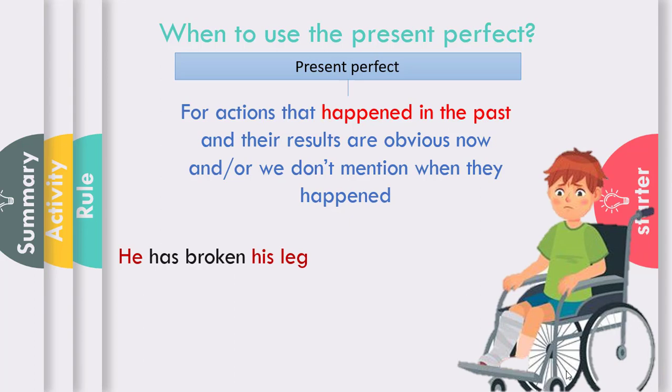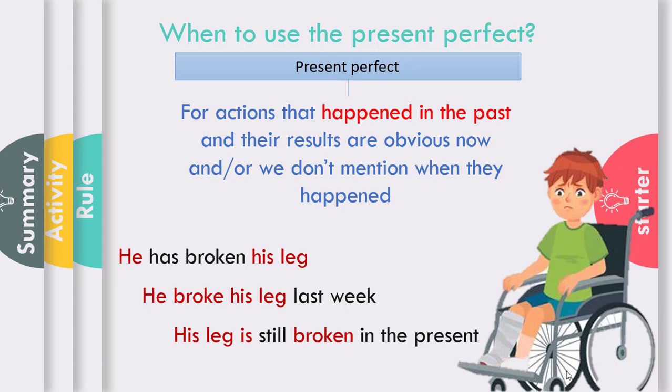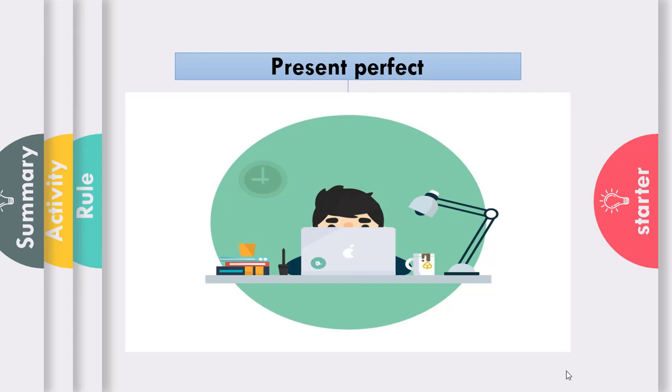So this sentence means he broke his leg, for example, last week. His leg is still broken in the present. So when we say he has broken his leg, this is an action that happened in the past, and it is true until now. And for further information, let us watch this video together.